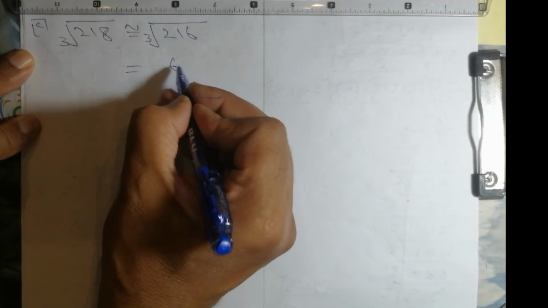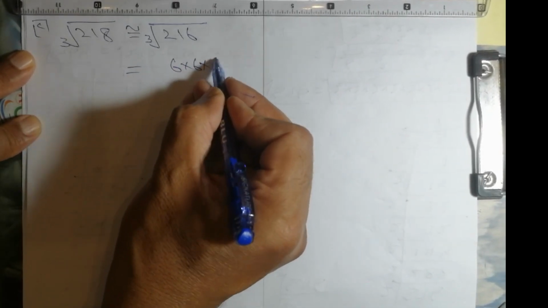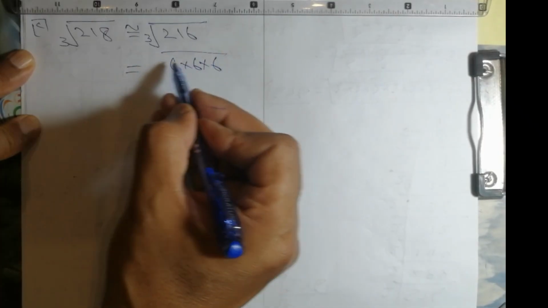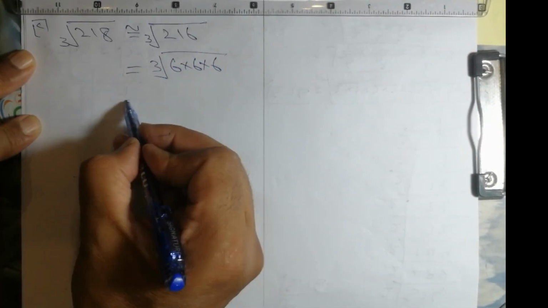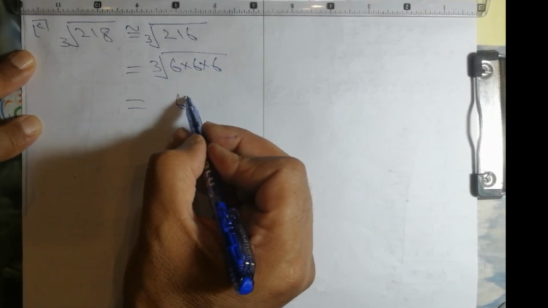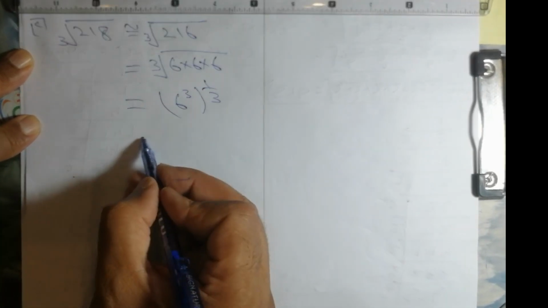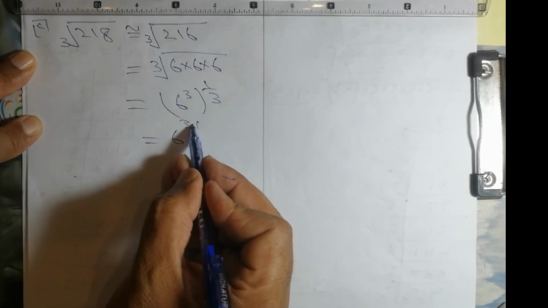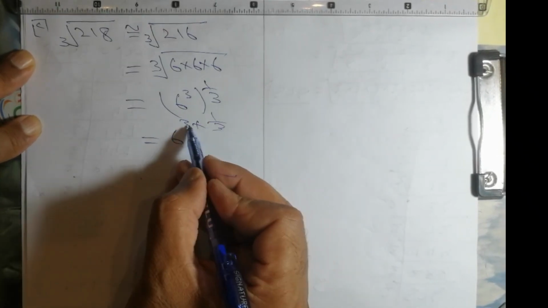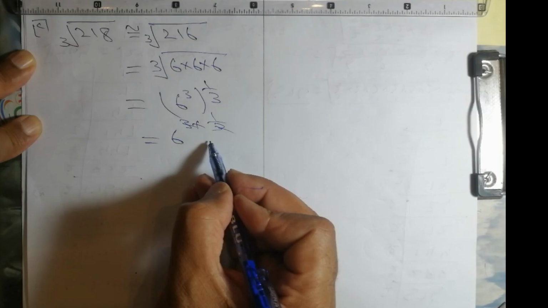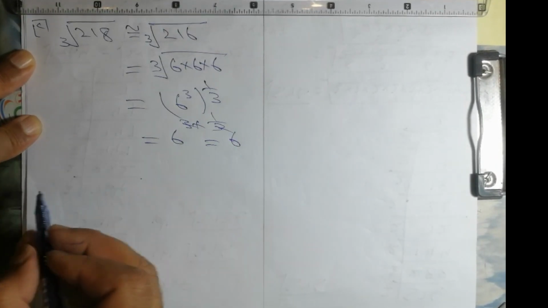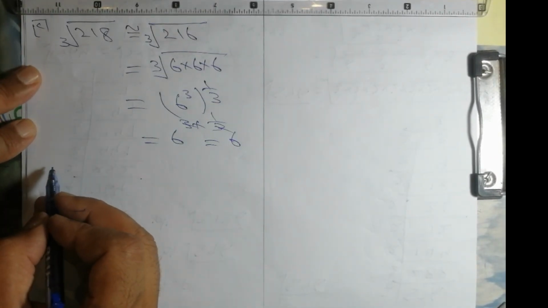So 6 into 6 into 6, this is cube root, or we can write 6 3 times whole power 1 by 3, and 6 3 into 1 by 3, 3 cancelled, equal to 6. 6 is the answer.